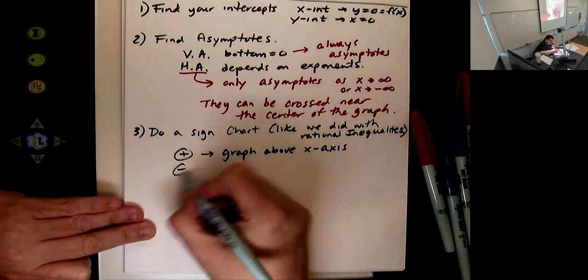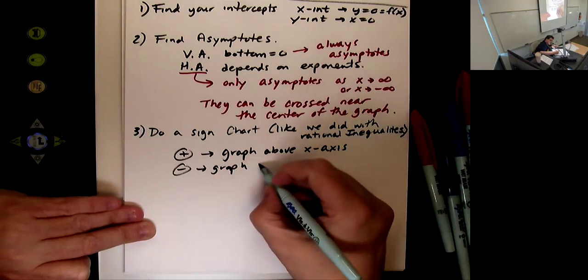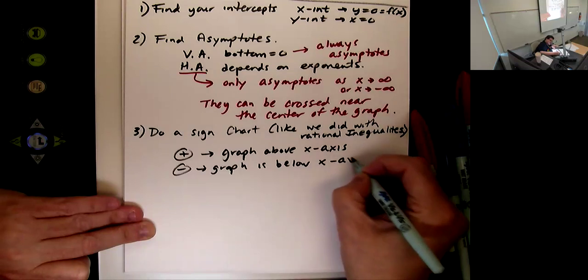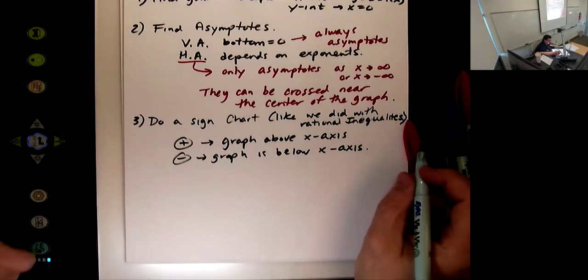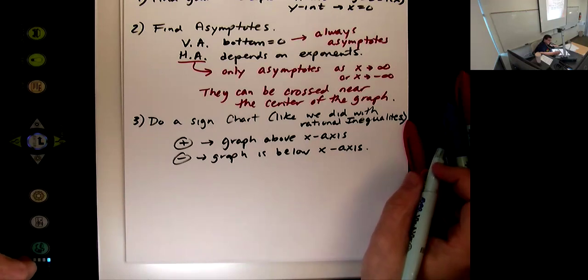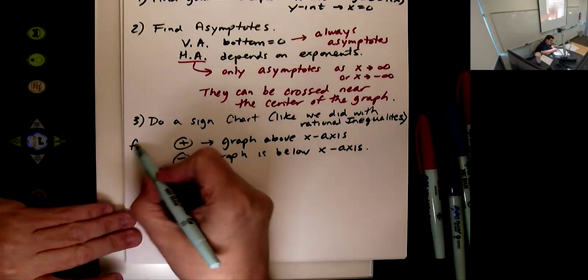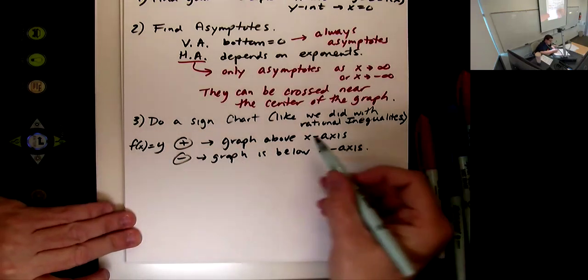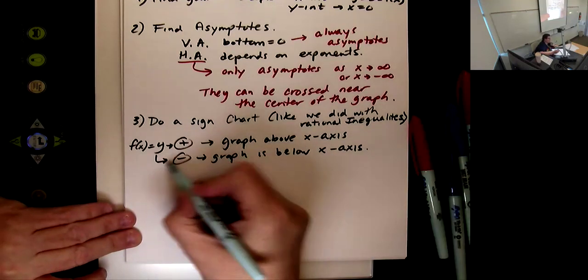In negative regions, the graph is below the x-axis. Because what we're doing is checking f of x, and f of x is really y. So when y is positive, you're above the x-axis, and when y is negative, you're below it.